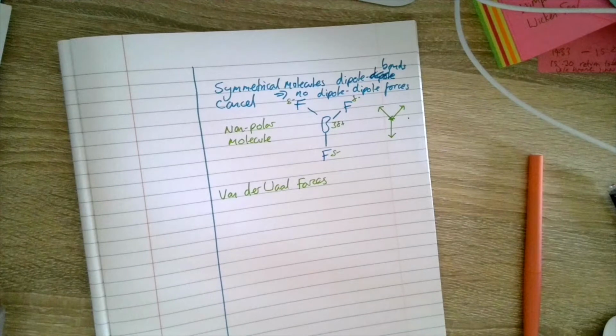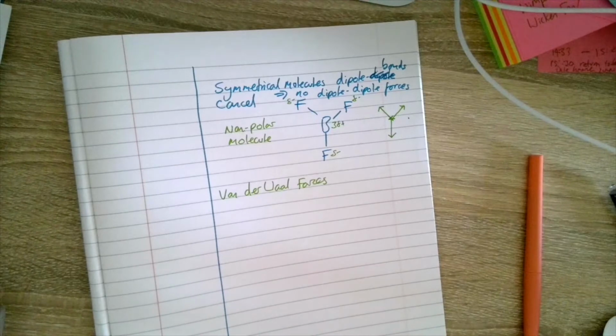So it's not due to an electronegativity difference, it's due to at any one moment there are slightly more electrons in one place compared to the other, and so there you get a partial positive and a partial negative. That can then induce a temporary dipole in a nearby molecule, and then you get a temporary attraction between your delta negative and your delta positive.